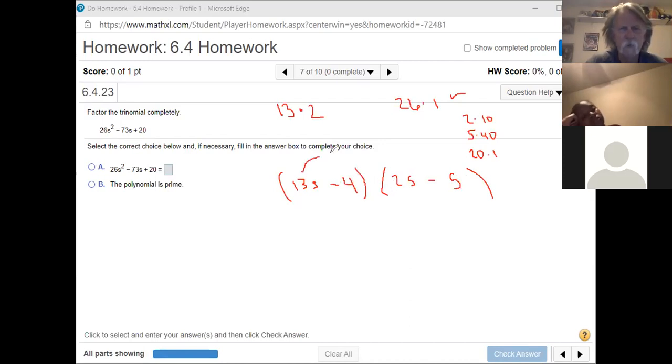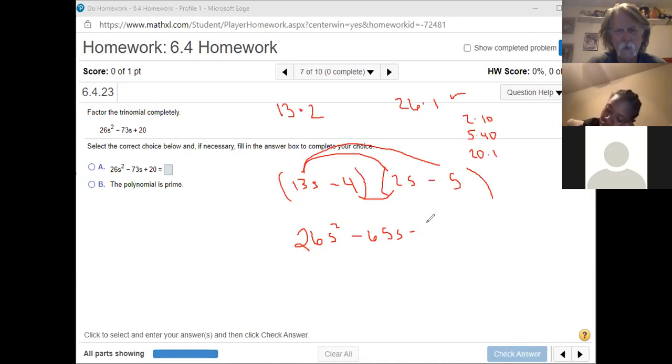Okay, so let's see if this is right. 13 times 2, 26s squared. 13 times -5 is -65s. Negative times a positive is -8s. And a negative times a negative is 20.